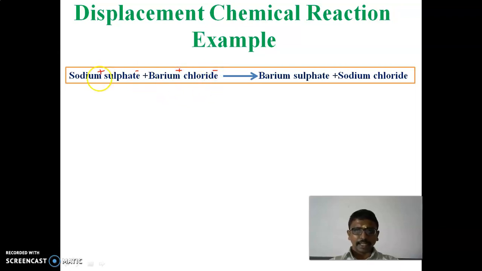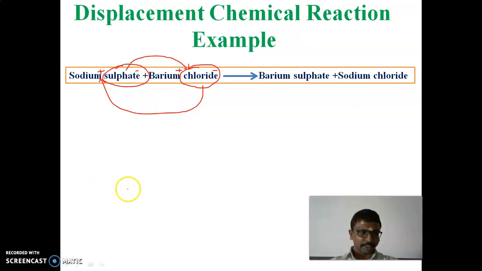So here the exchange will take place. Instead of sulfate, the chloride will come here and it will form sodium chloride. Here, instead of chloride, the sulfate will come. So this is known as a double displacement reaction.